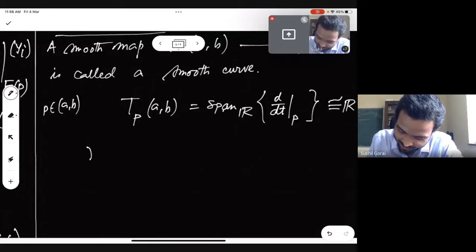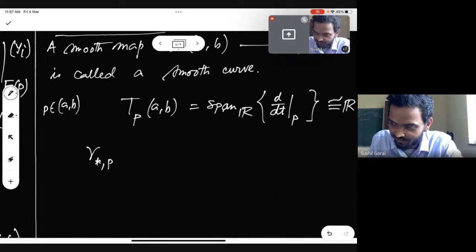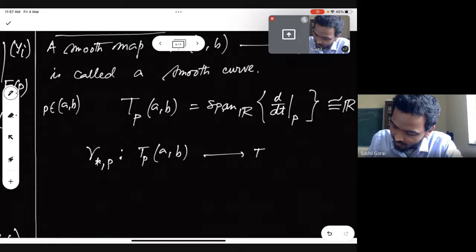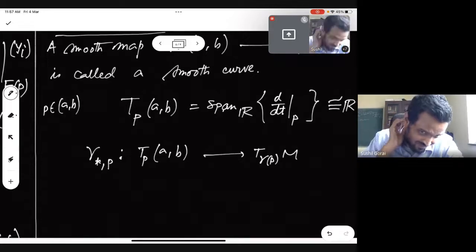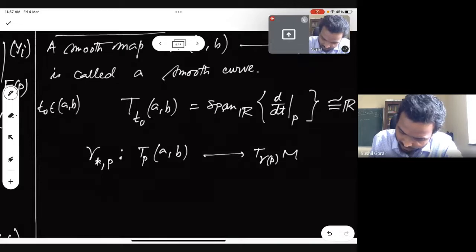Now, what is gamma star at p? Gamma star p is a map from T_p of the interval AB to T at gamma(p) of N. Instead of p we would just put t naught, since p generally denotes a point in a manifold.